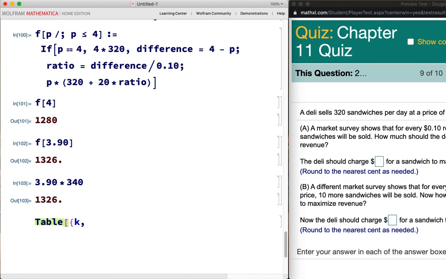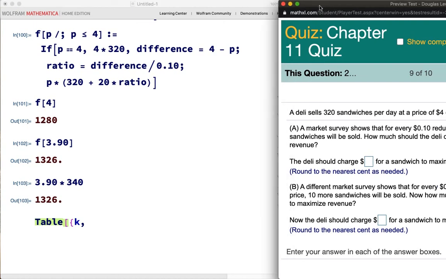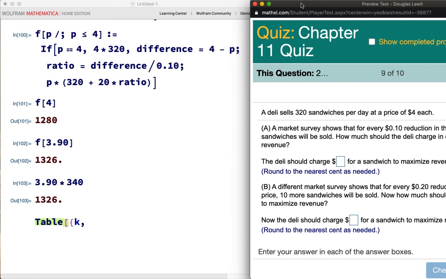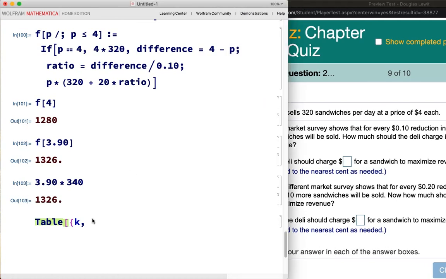I want my price and the number of sandwiches. I'm really looking at the price. So K is going to be the price. K goes from $4 to 0 in steps of negative 10 cents.